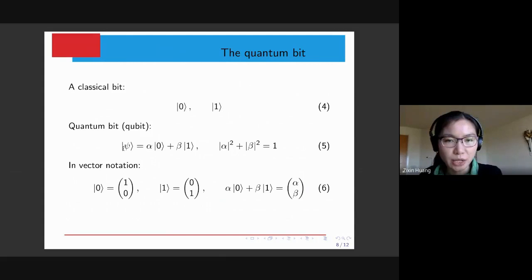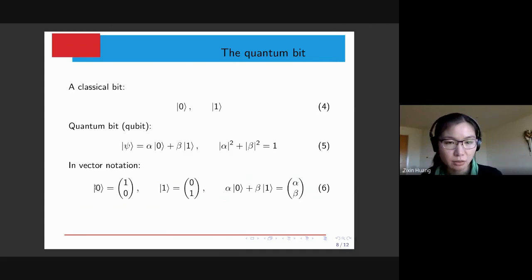Usually the notation is that we denote this as psi in ket, and it can be in an arbitrary superposition of zeros and ones. So alpha|0> plus beta|1> is your conventional qubit. One condition that we need to set on it is that we require the probability amplitudes to sum up to 1. So alpha squared plus beta squared is equal to 1.